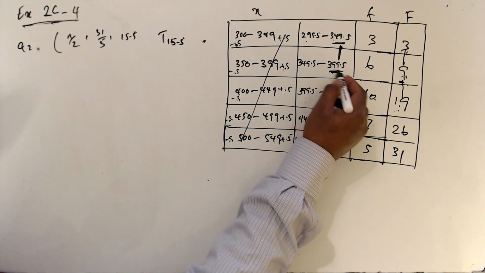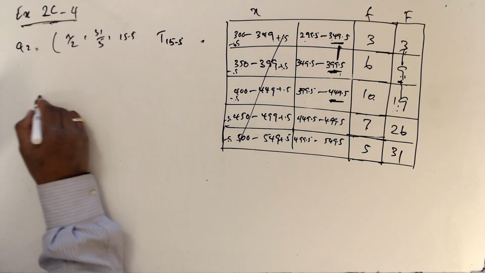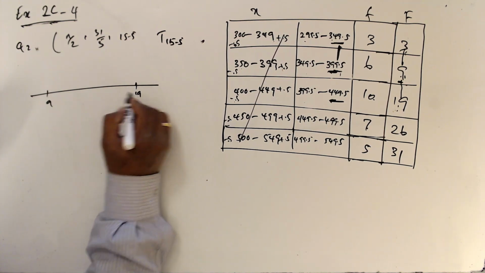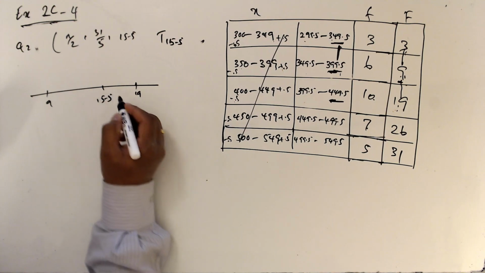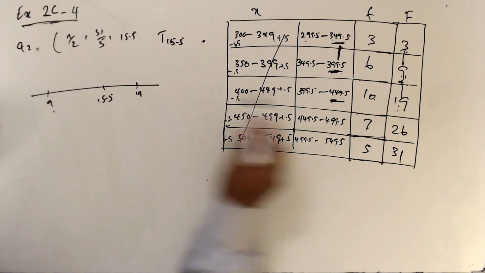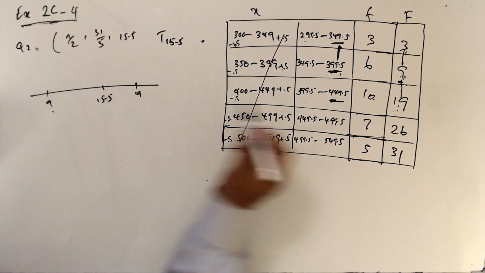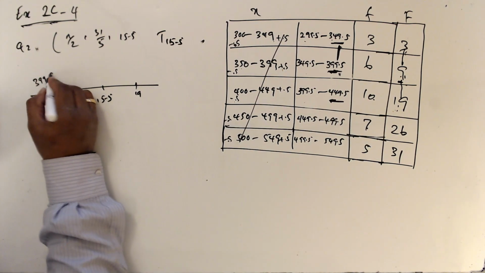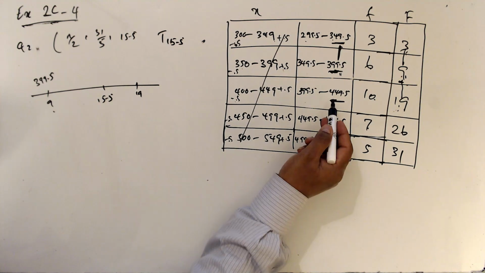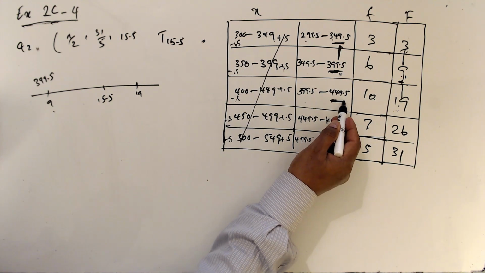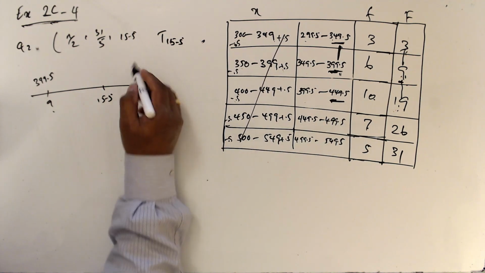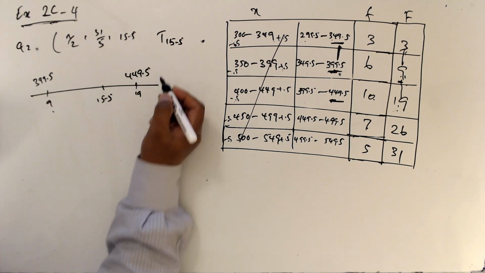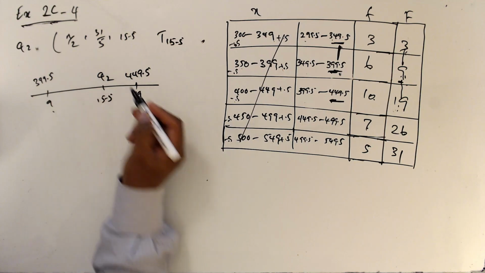So I'll bring the scale: 9 at the upper bound 399.5, and when it comes to 449.5 there are 19. This is the Q2 value.